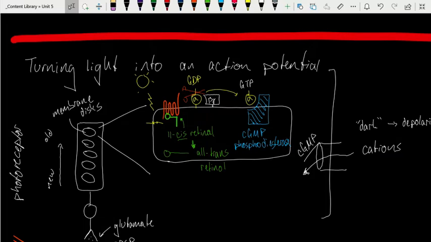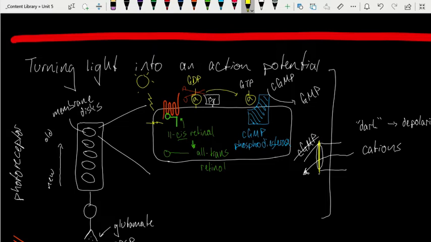The job of cyclic GMP phosphodiesterase is to take all of my cyclic GMP and convert it into regular GMP, no longer cyclic. And as we do that, cyclic GMP levels drop, and the door then becomes shut.